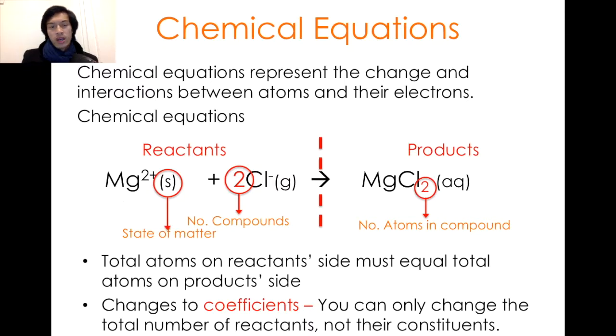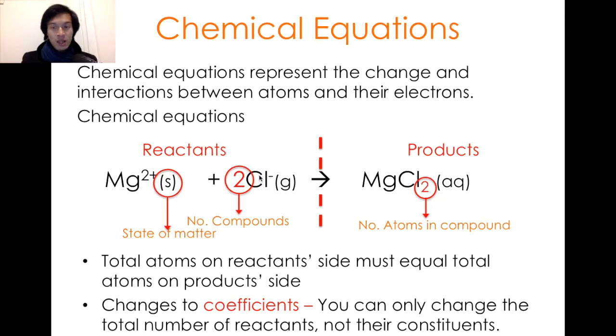Everything on the left must equal everything on the right in terms of the number of atoms present. If I start off with 1 here, I cannot all of a sudden develop 2 on this side. If I have 2 chlorine here, I cannot have 3 or 4 chlorine on this side. It has to be what we call balanced. In other words, everything on the left equals everything on the right.